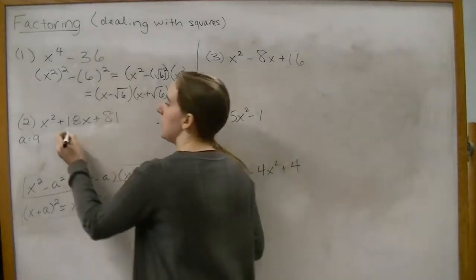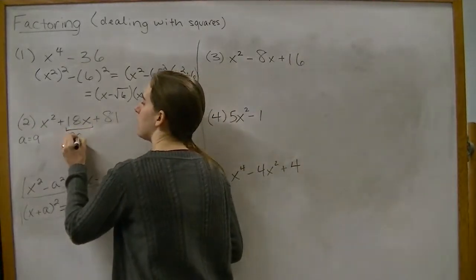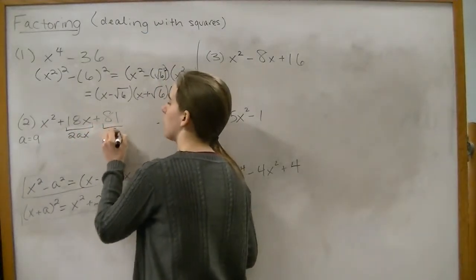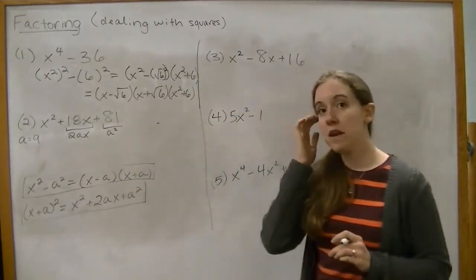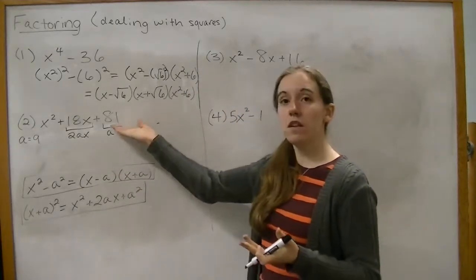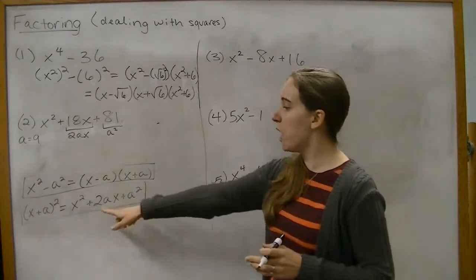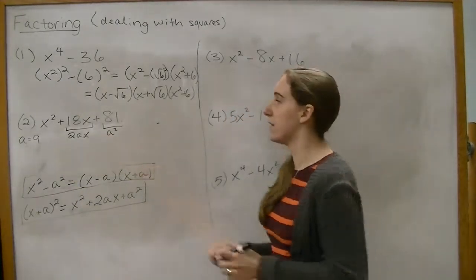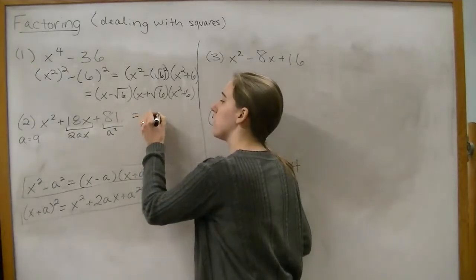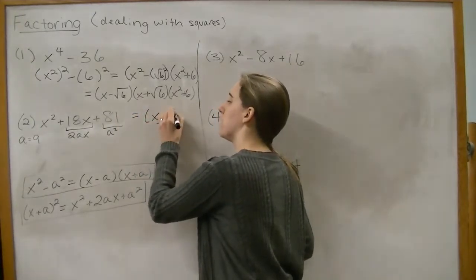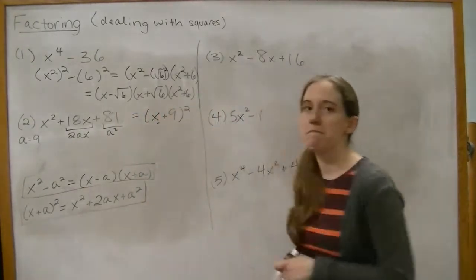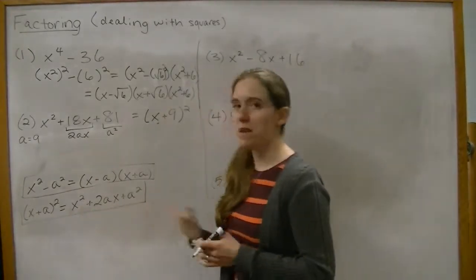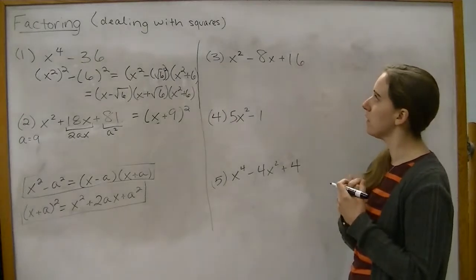Well, if indeed this term is 2ax, then this term, a squared, would be 9 squared, which is 81. So we have the form we want. We have x squared plus 2ax plus a squared, where a is 9. So I can factor this to be x plus 9 squared. So this is why knowing this form is helpful for examples like this.